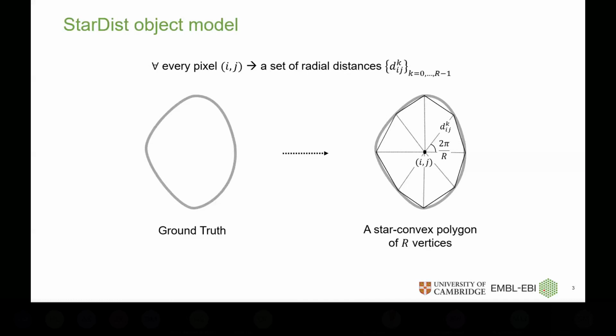So let's have a look at how StarDist works. For a given shape, StarDist models its contour as a star-convex polygon of R vertices for every single pixel contained in the object.